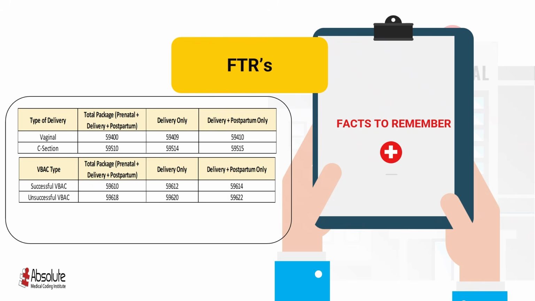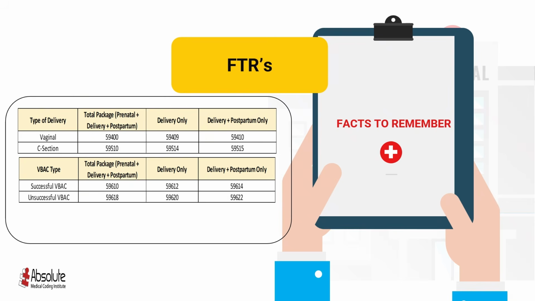So the key is to identify the type of delivery, whether it was a vaginal or a cesarean delivery, successful VBAC or a failed VBAC, and also whether you are coding for a total package, delivery only, or a delivery plus postpartum care.